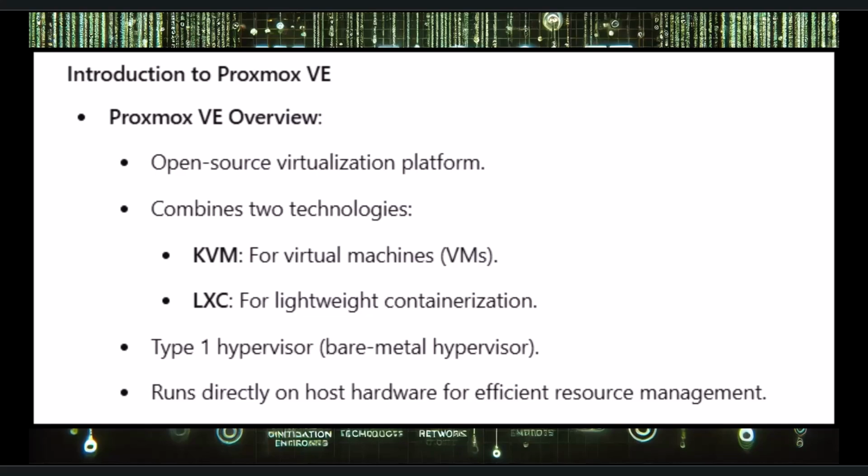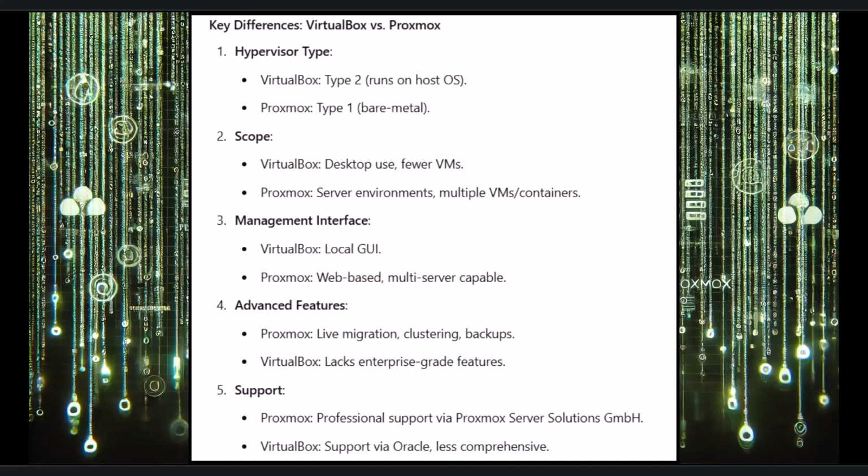So basically, VirtualBox and Proxmox are both virtualization platforms, but they serve different purposes and have different features. Some of the key differences between VirtualBox and Proxmox include: VirtualBox is a Type 2 hypervisor, meaning it runs on top of an existing operating system like a regular application, whereas Proxmox, on the other hand, is a Type 1 hypervisor, also known as a bare metal hypervisor, which runs directly on the host hardware without the need for a separate operating system.